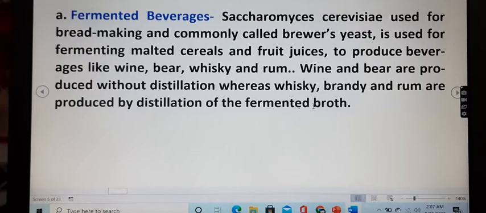Wine and beer are produced without distillation, whereas whiskey, brandy and rum are produced by distillation of the fermented broth. Means these microorganisms are grown in which type of food? Malted cereals and fruit juices.